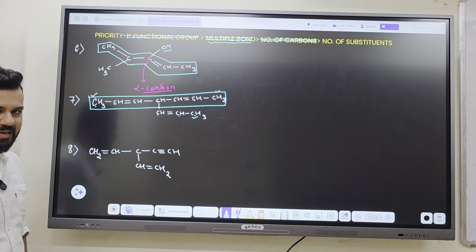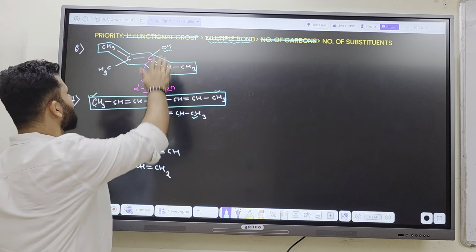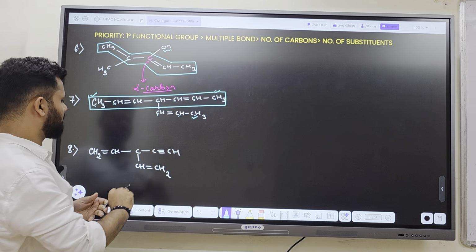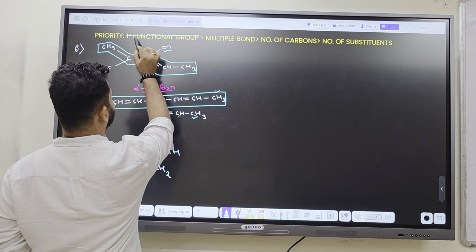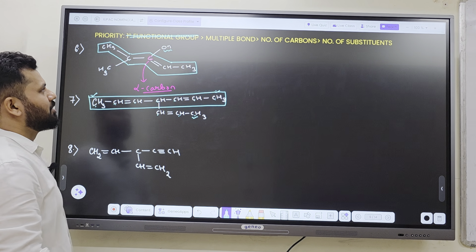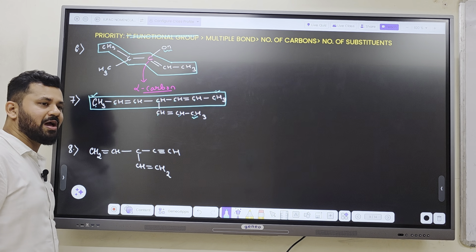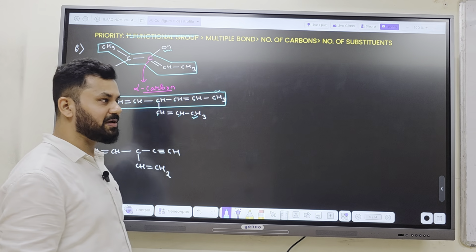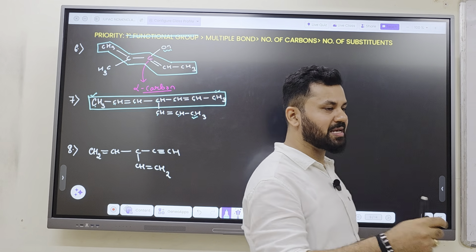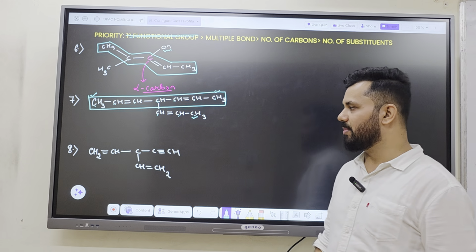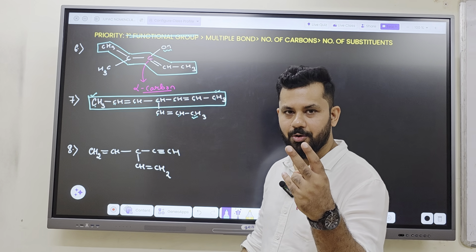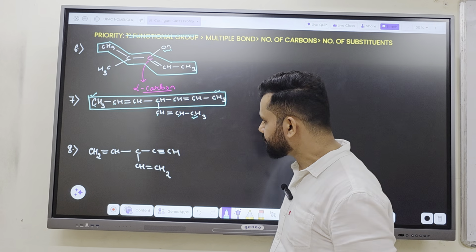Example number 8. Let us check. Sir, do we have a functional group? No, sir, we don't have a functional group. So I'll erase this. And yes, sir, do we have multiple bonds? Yes. So we have to select the PCC in such a way that we include maximum number of multiple bonds. Okay. If I go straight, I have two multiple bonds.